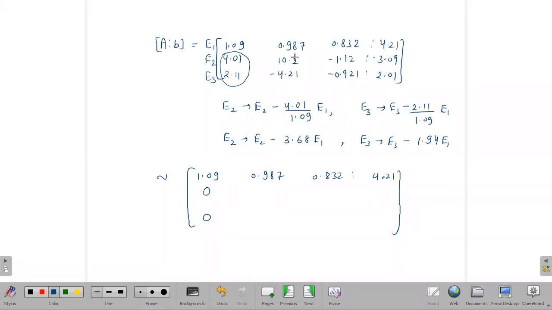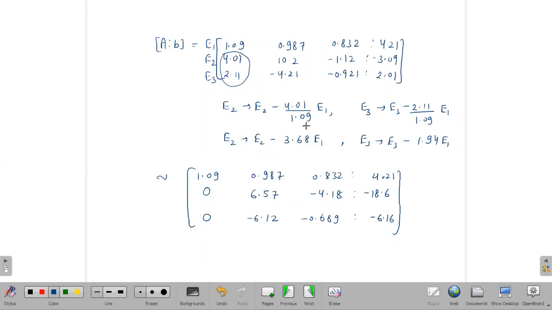Now you can change these numbers according to these operations. 10.2 minus 3.68 into 0.987 gives 6.57. Here minus 4.18, and this number will be minus 18.6. Here it will be minus 6.12, minus 0.689, minus 6.16 after these operations.